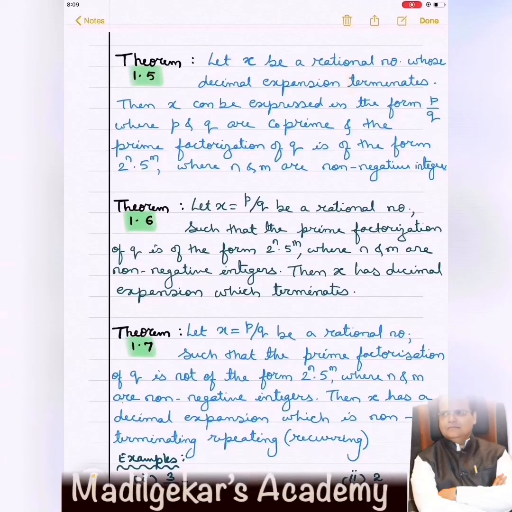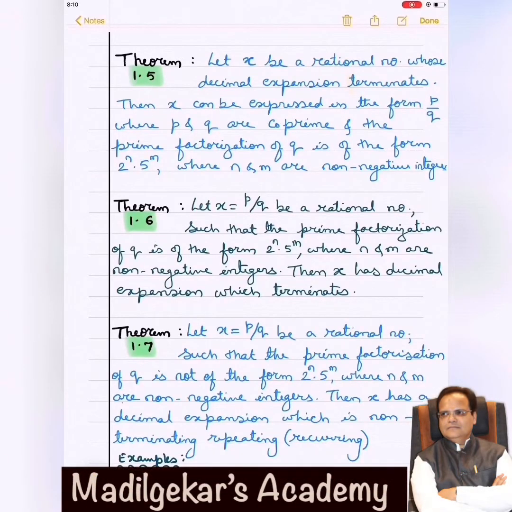Let's start exercise 1.4. In this, we are going to study decimal expansions of rational numbers. For that, we have three theorems. First is 1.5. What it states: let x be a rational number whose decimal expansion terminates.